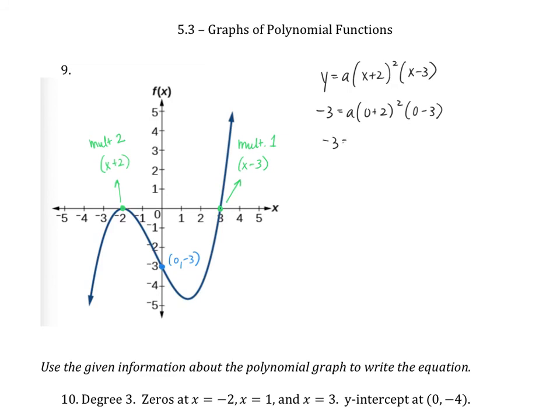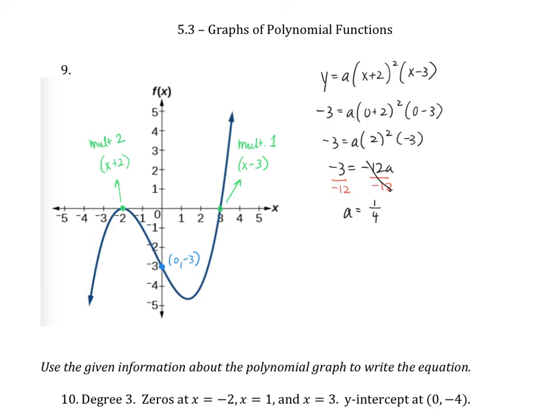So that's going to be -3 equals a times 2 squared times -3. So -3 equals 2 squared is 4, and 4 times -3 is -12. So it'll be -12a. Divide by -12. So we will get a equals, the 2 negatives make a positive, and that will reduce to 1/4.